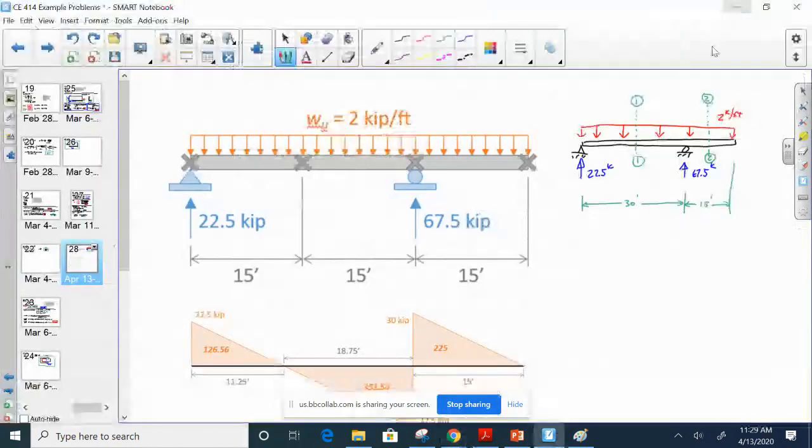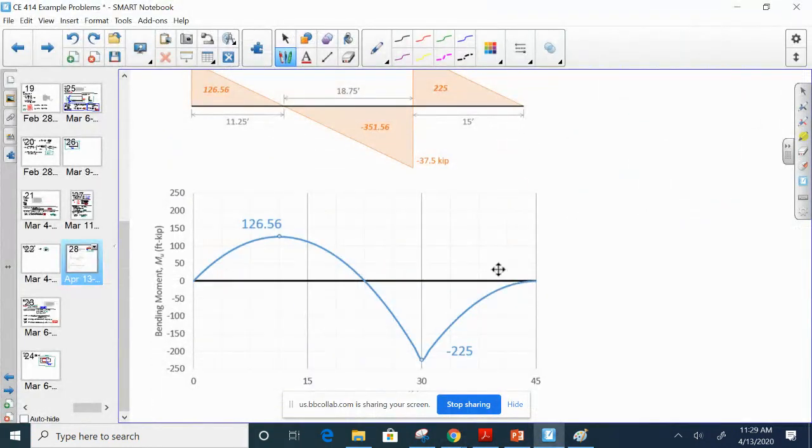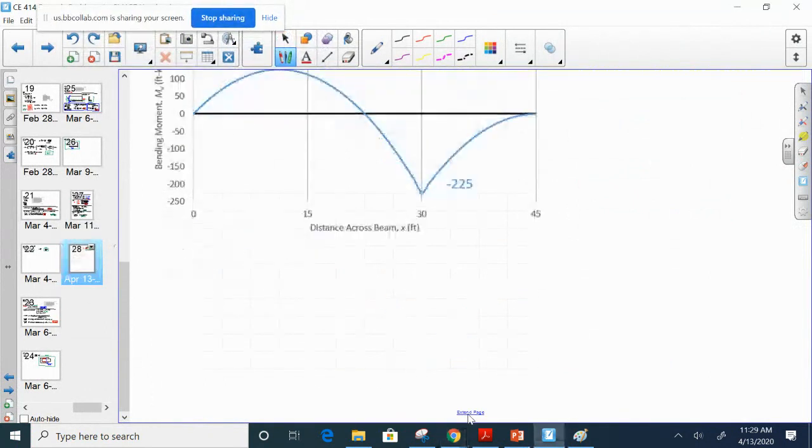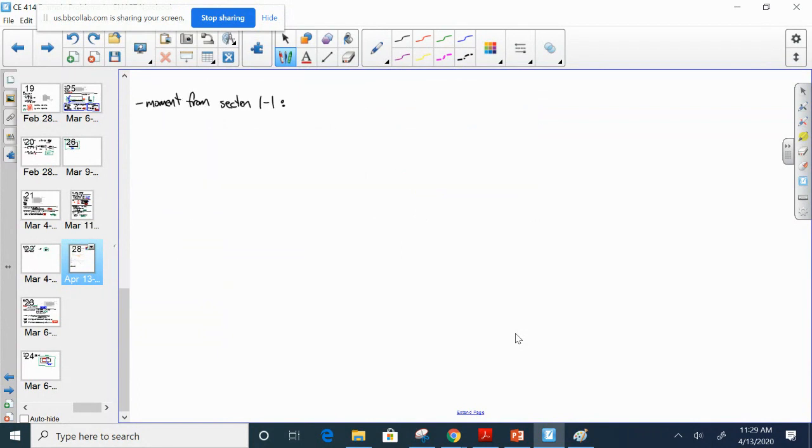Exactly right. So let's handle that. Let's do that.